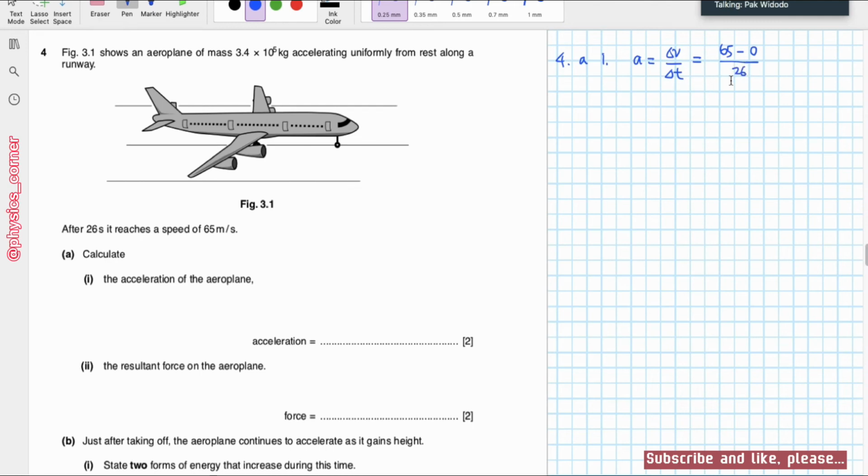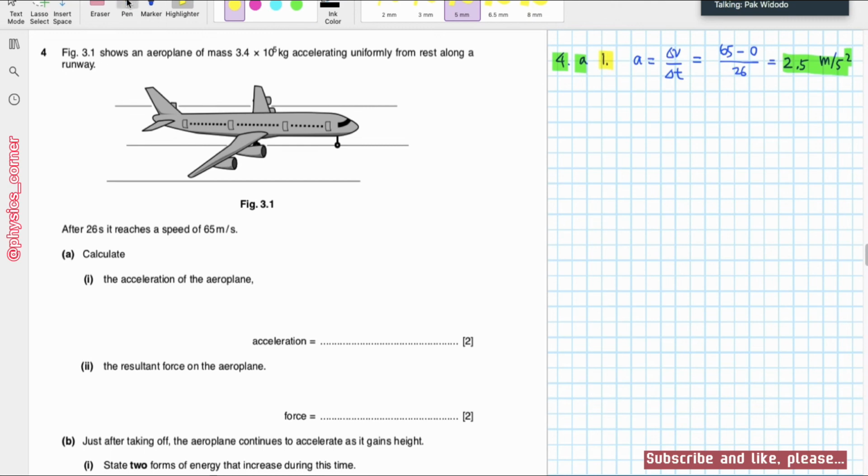So the acceleration is 65 divided by 26, 2.5. Okay. This is about 2.5 meters per second squared. This is the acceleration, 2.5 m/s^-2, for the question I.